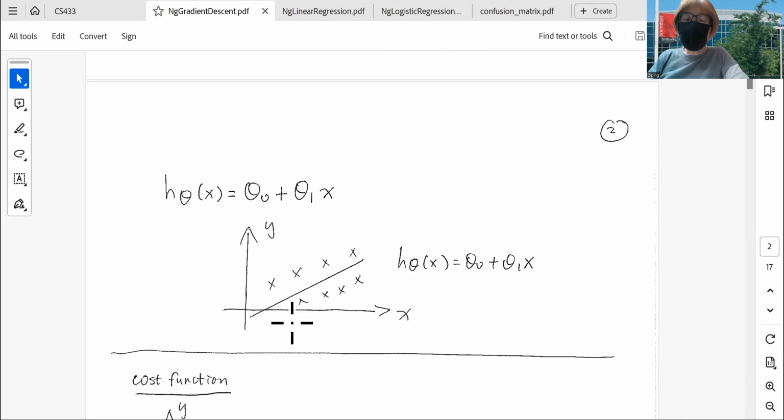If I know this X value, can I predict where the point is going to be? In this case, you can do linear regression. This line is the best fitted line, and it will minimize the sum of the error.